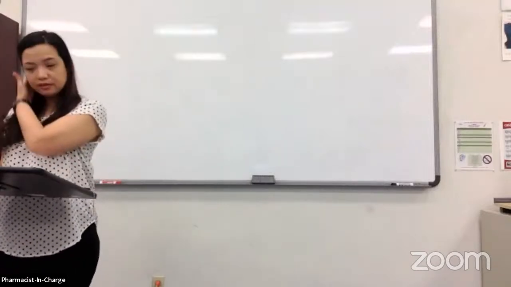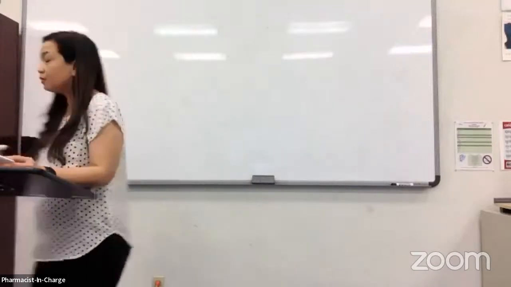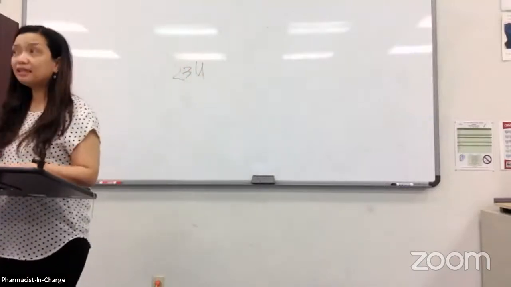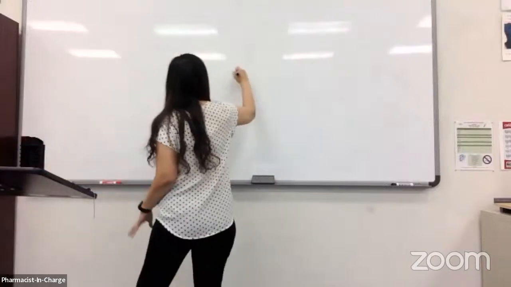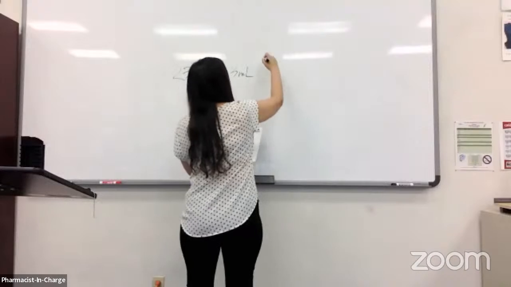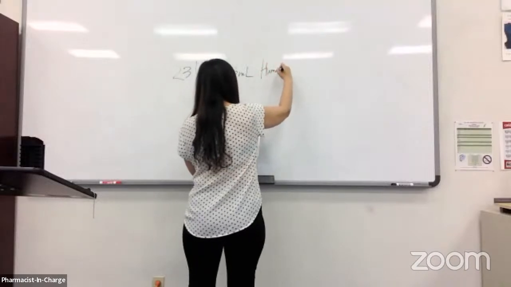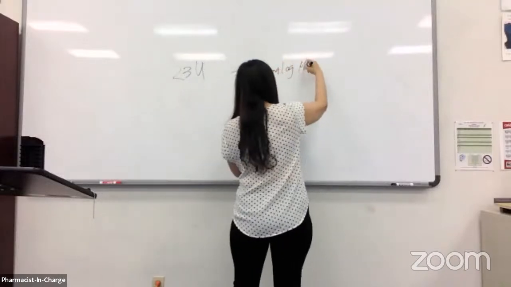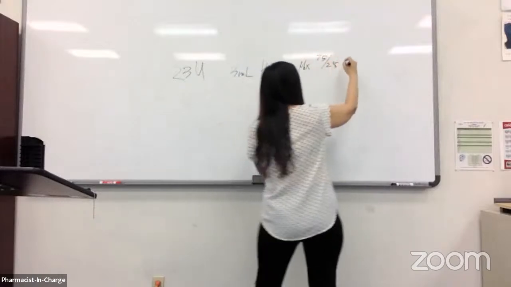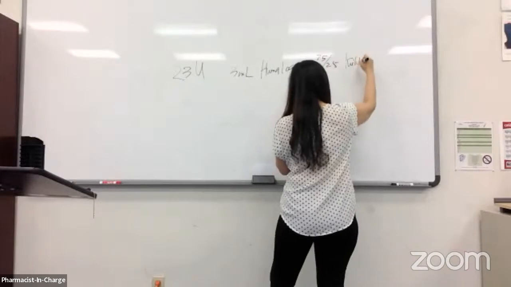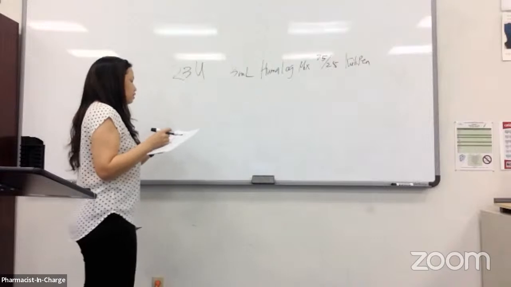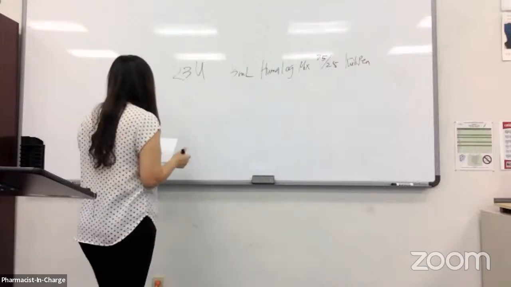Let's see if you can calculate this. A patient uses 23 units daily of a 3 ml Humalog 75/25 pen, which has a concentration of 100 units per ml. You already know that, even if it's not given.